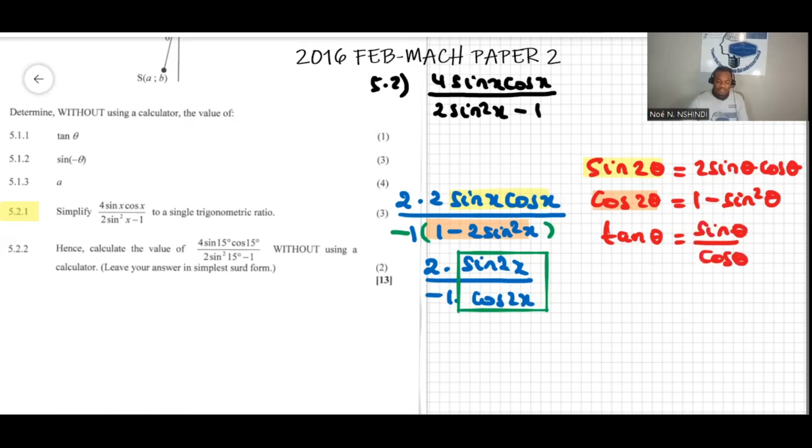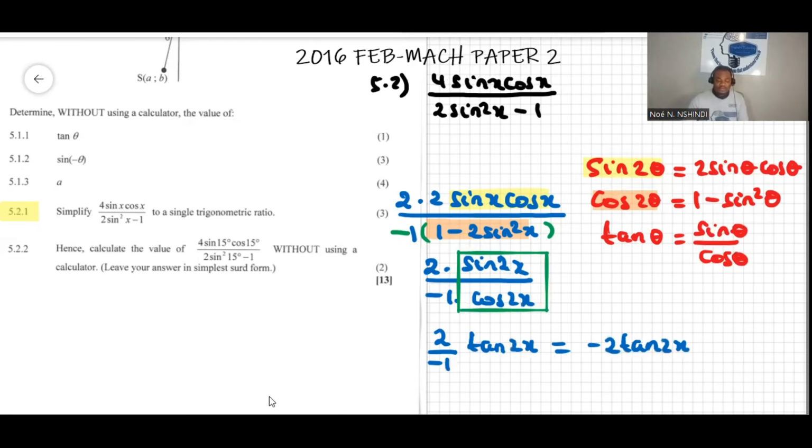Over here, it's x, so sine 2x over cos 2x is tan 2x. This simplifies to 2 over negative 1, so this is just equal to negative 2 tan 2x.